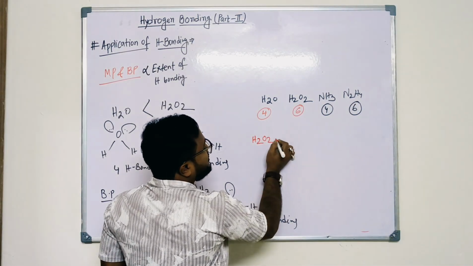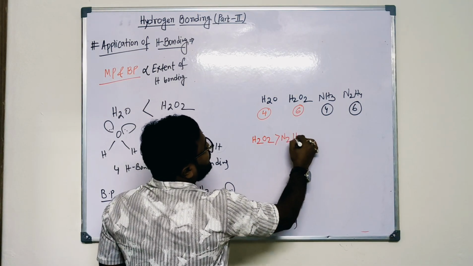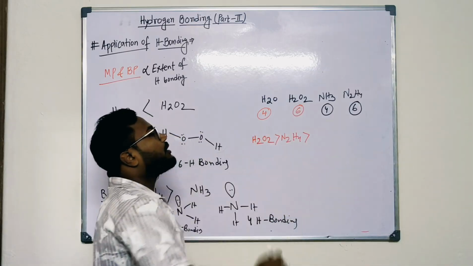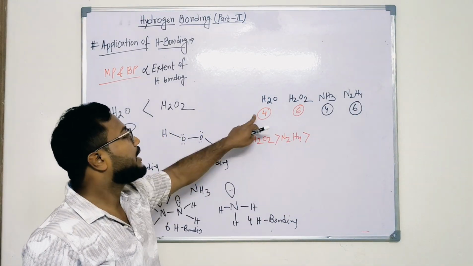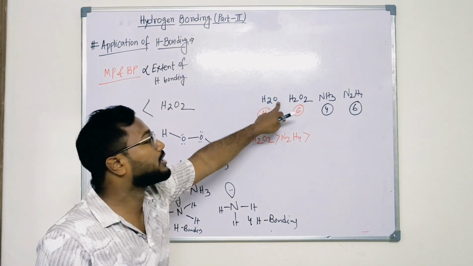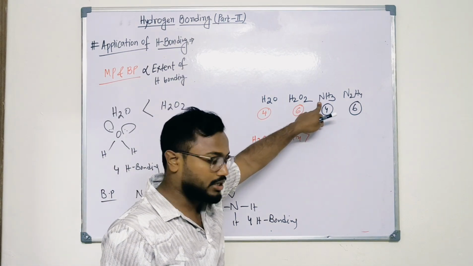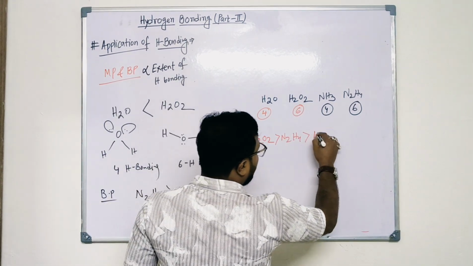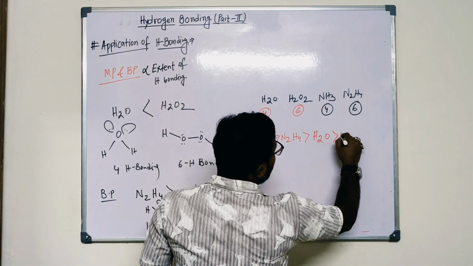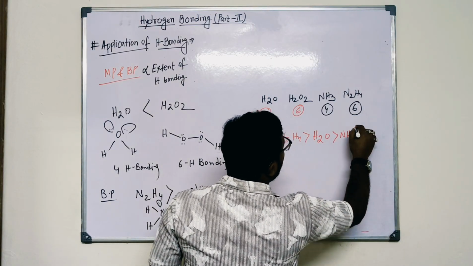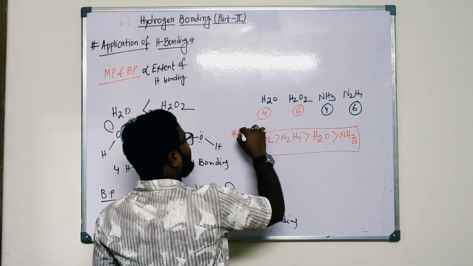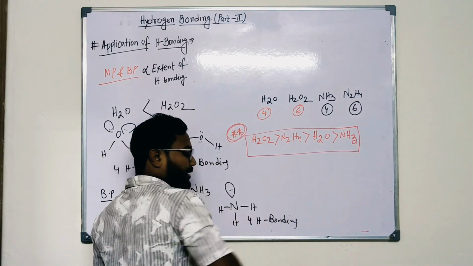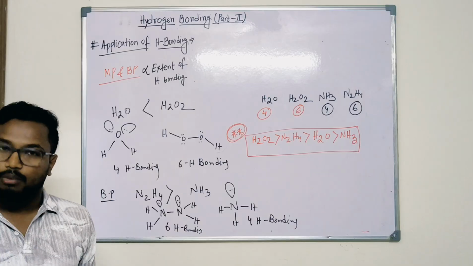H2O2 is highest. After that, N2H4 undoubtedly. Then we are comparing H2O and NH3. You have seen, in H2O oxygen is more electronegative, nitrogen is less electronegative. So in this case, we'll compare H2O and NH3. H2O has more boiling point in comparison to NH3. Very, very important question, how to compare the boiling point in between the molecules.